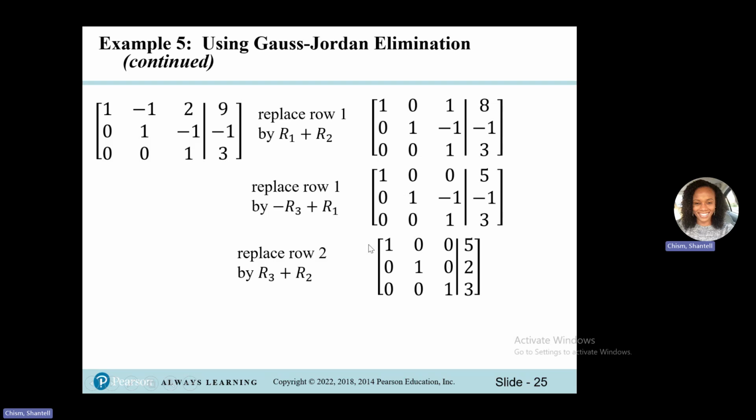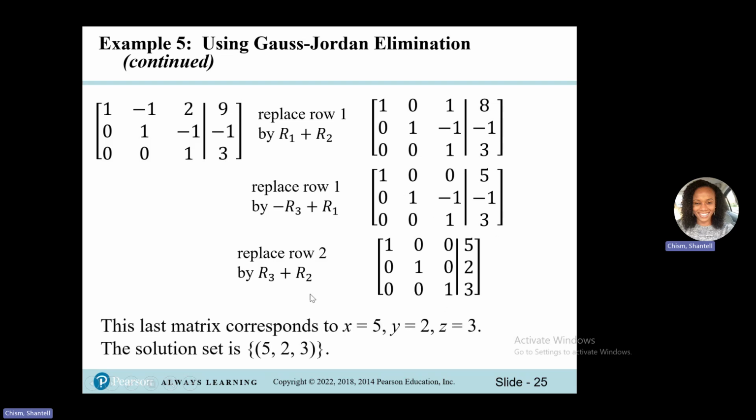Because what happens here is when you get it in this form right here, then you're able to say that each one of these ones represents a coefficient. Remember, in alphabetical order, these coefficients represent x, these represent the y, these represent the z coefficients. So this would be 1x, you got 0y and 0z, so this would be 1x equals 5, or simply x equals 5.